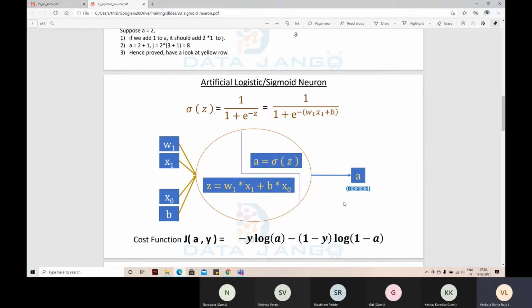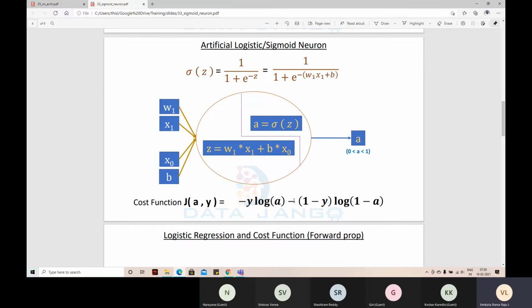To understand that point, I took 0 or 1, a binary classification kind of thing. But a sigmoid neuron will give you a number between 0 and 1. It takes the linear combination and substitutes it into the sigmoid function, and this function will give you a number between 0 and 1. It will never touch 0 and 1.